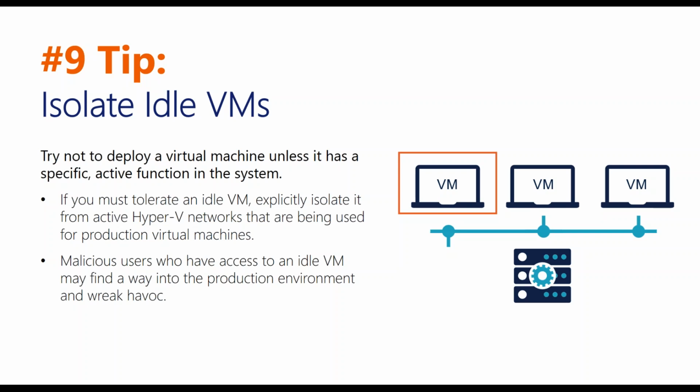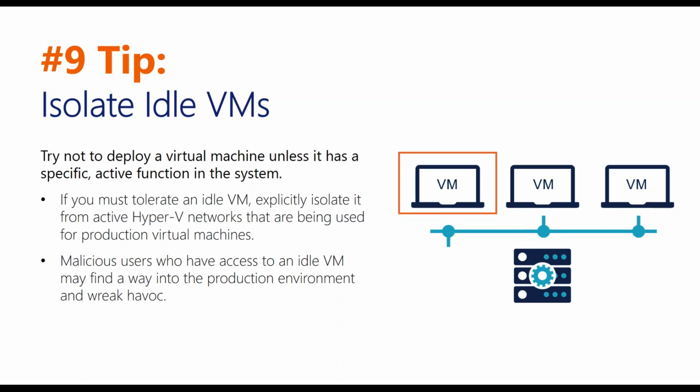So very likely the application being used may be vulnerable to automatic kinds of attacks. Then the system gets compromised, and because it's on the same network, not being isolated, it can get inside other production workloads and affect other production systems. So this is what you definitely want to avoid.